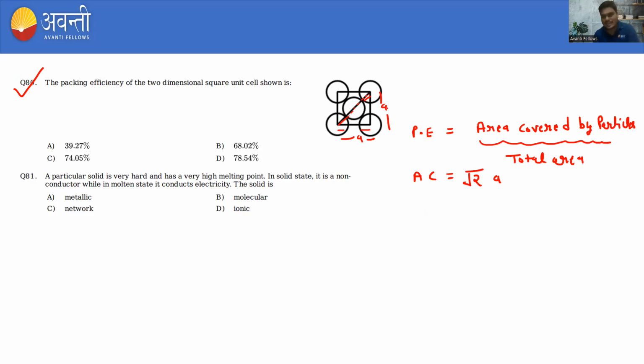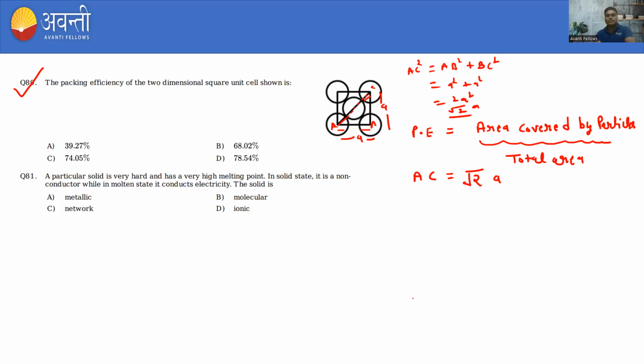Because we know this is A and A, by using the Pythagoras theorem, AC square is equal to AB square plus BC square, which is A square plus A square, equal to 2A square. So AC comes out to be under root 2A.